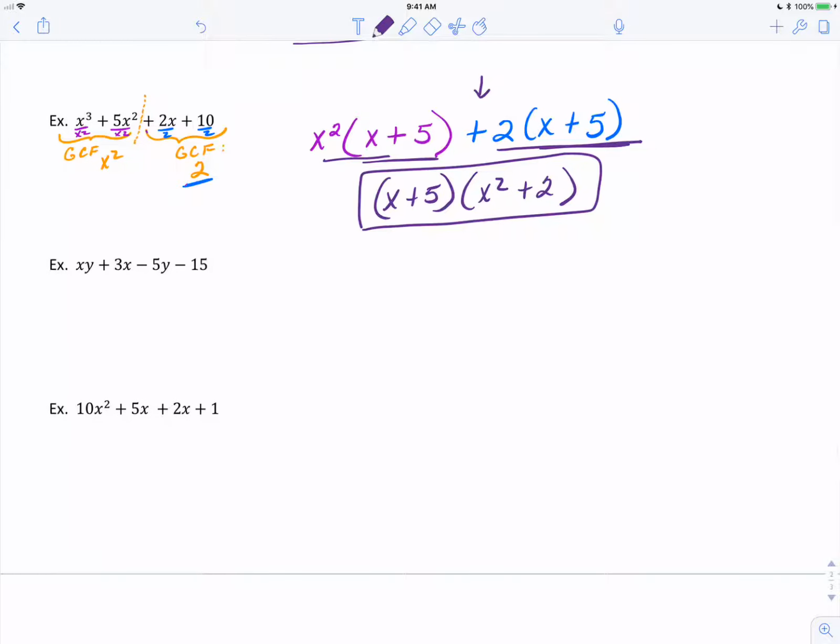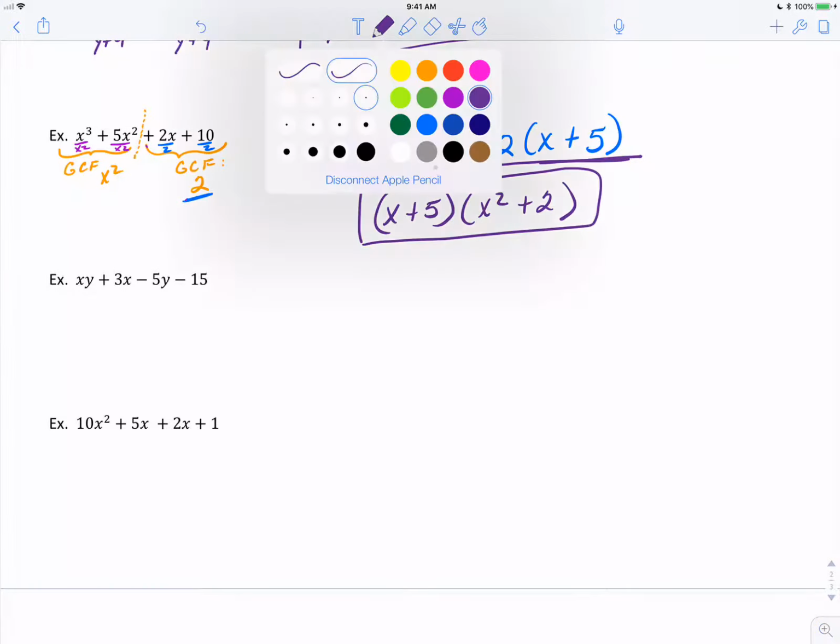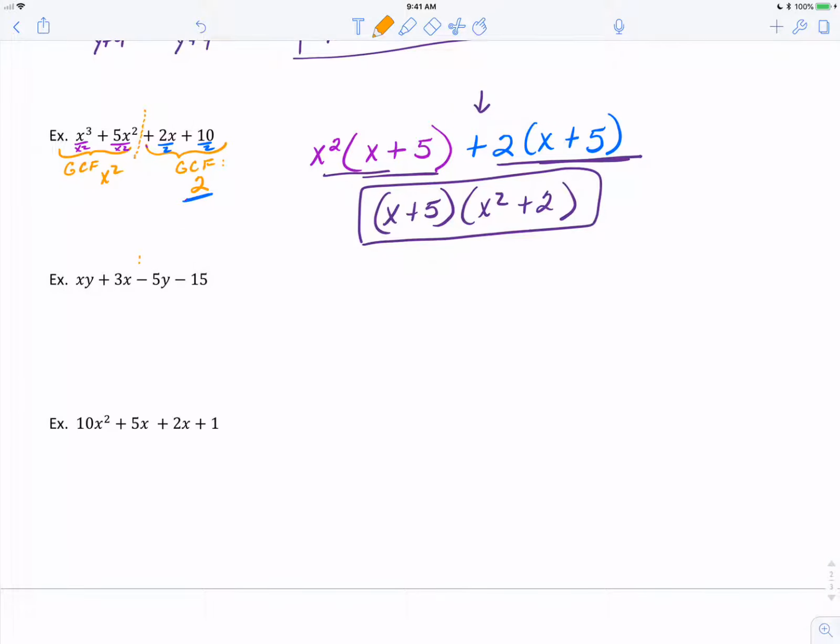Okay, you want to try the next two? Or is that all you have to do on your own? Stop the video, pause it for a second, try your 2. Okay, GCF of these two terms is x, and GCF of these two terms, and remember, leading coefficient is negative, so we are going to take out a negative 5.